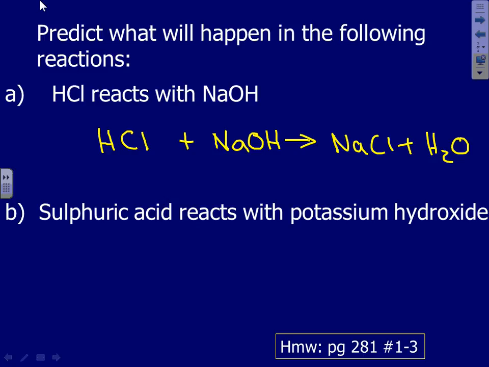Let's try the last one. Sulfuric acid, H2SO4, reacts with potassium hydroxide, KOH.